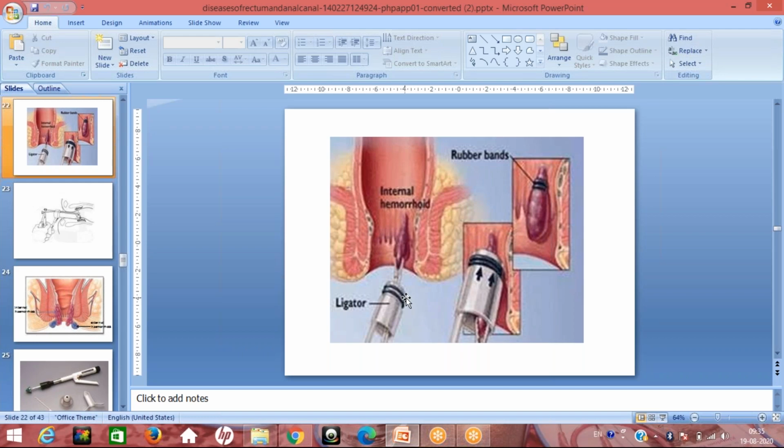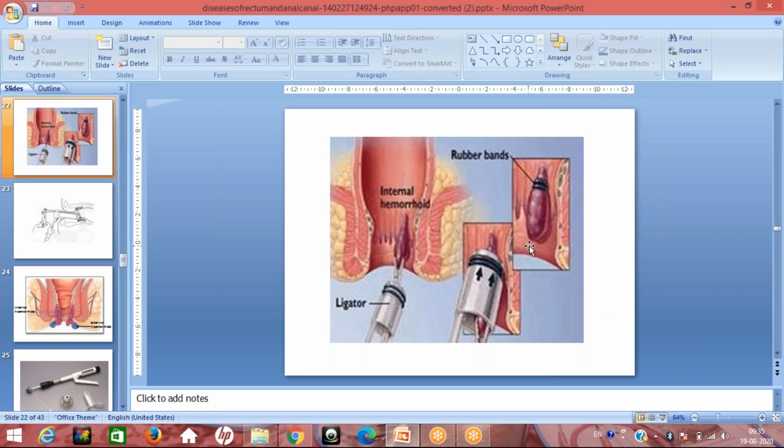If you take a closer look at the picture, the hemorrhoid is being grasped, and with a firing of the syringe, a band is applied at the distalmost part, the pedicle part, which is the narrowest part. The band gets applied there and stays there. This cuts off the blood supply to the hemorrhoid and gradually it sloughs off.